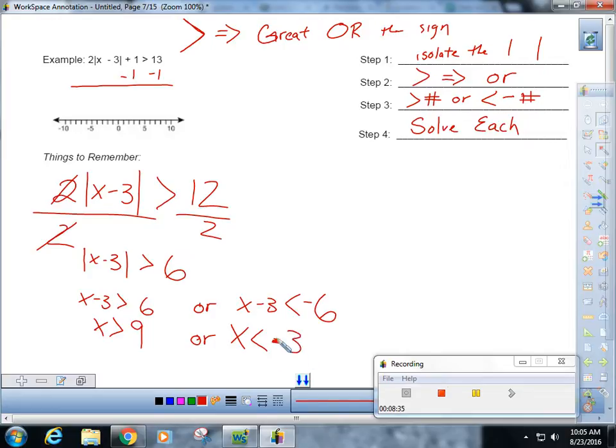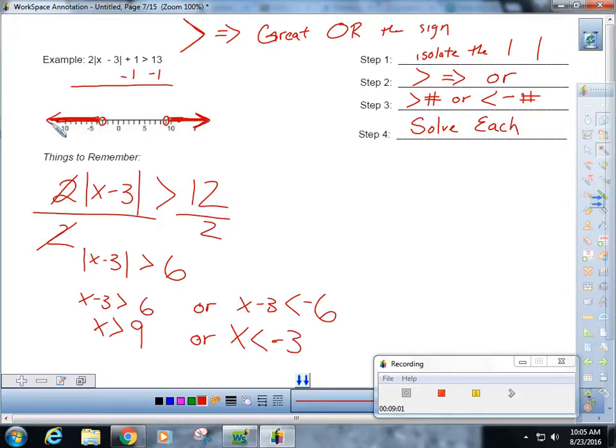So x is bigger than 9, so I'd have an open dot here on the 9, and everything bigger than 9 would work, or I would have an open dot on the negative 3, 1, 2, 3, and everything less than that would work.